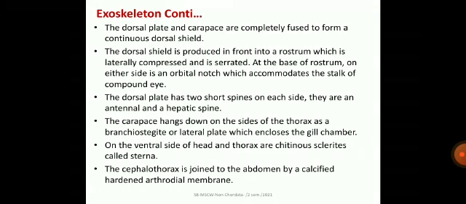The carapace hangs down on the sides of the thorax as a branchiostegite or lateral plate, which encloses the gill chamber or branchial chamber in which the gills are found, which are the main respiratory organs in aquatic forms including Palaemon. On the ventral side of the head and thorax are chitinous sclerites called sterna.